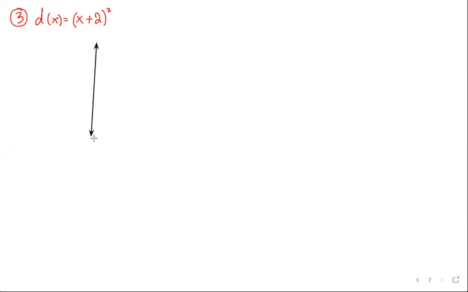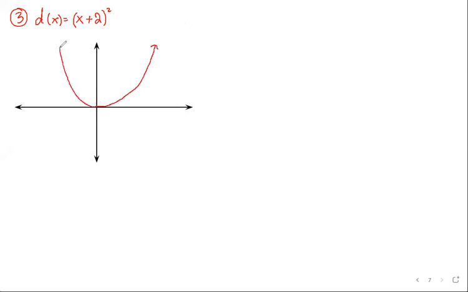Here is the graph, the Cartesian plane. And this is my original function here. It's x squared, f of x equals x squared. Now x plus 2, we shift this original one to the left 2 units.